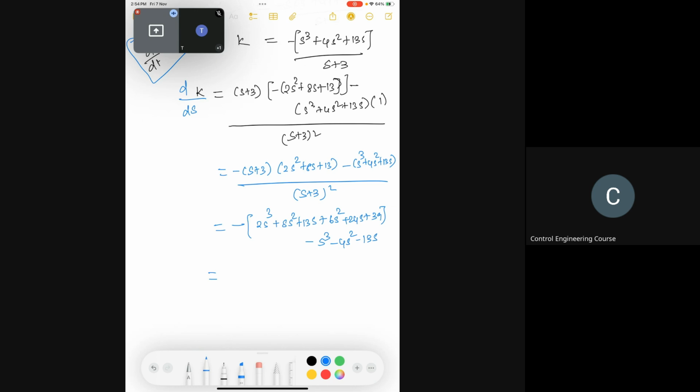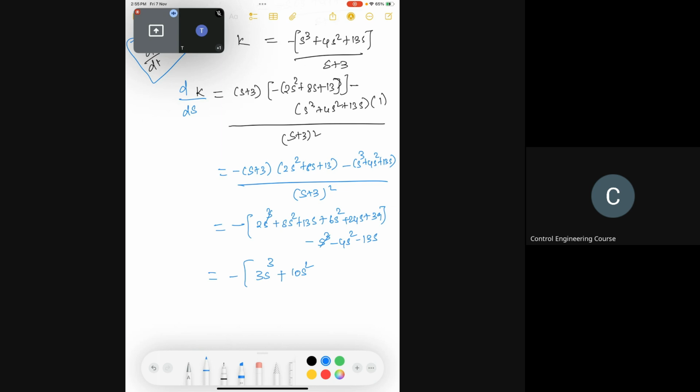Everything is minus here, so I take all the minus common.